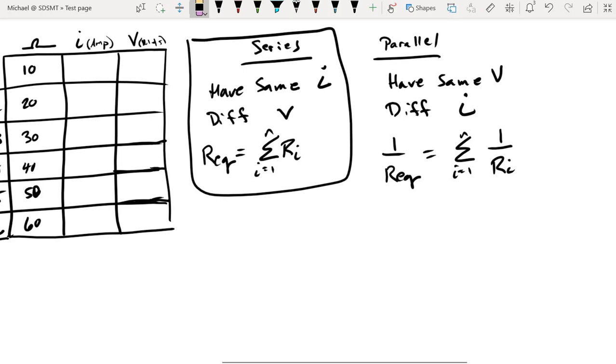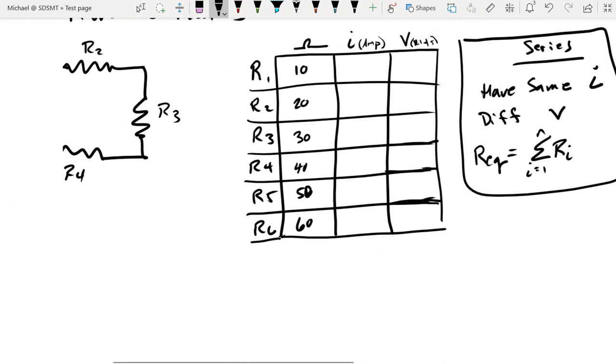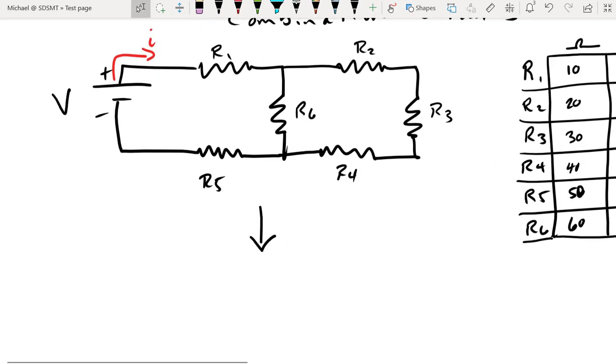So now that we have that information available to us, let's bring it back over here. And we need to ask ourselves, are any of these resistors currently connected in series or in parallel?